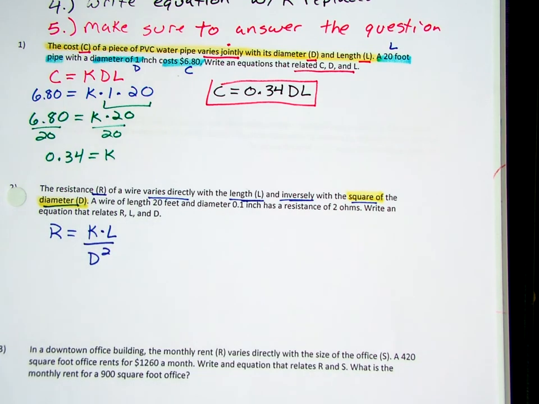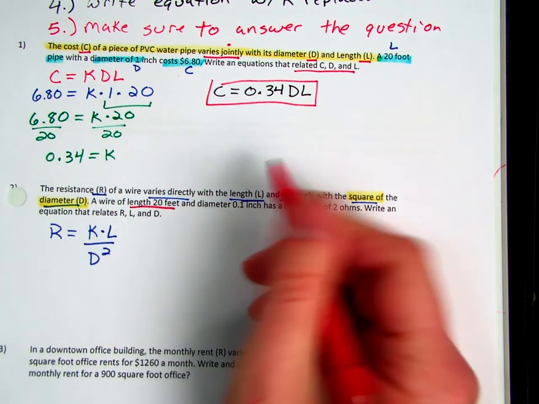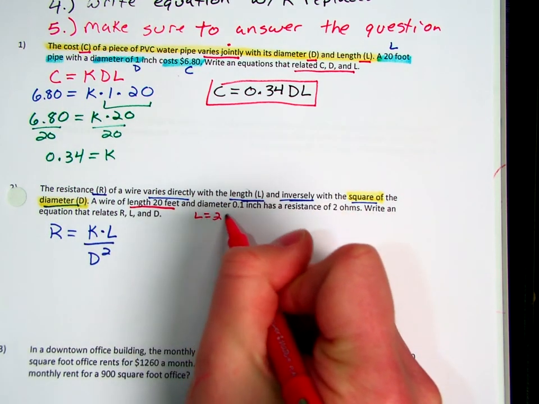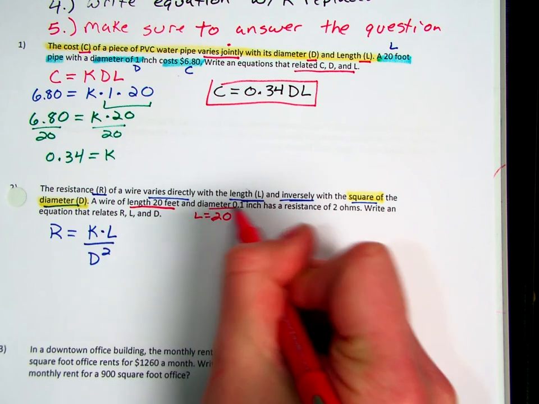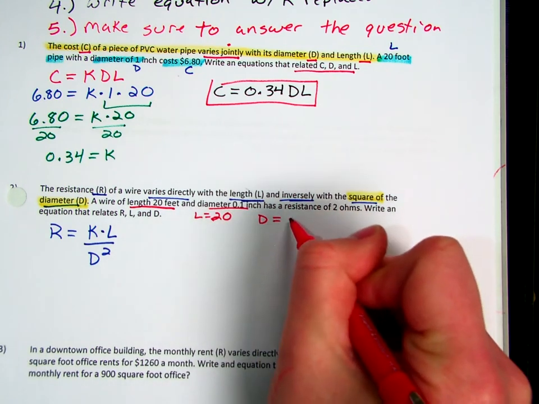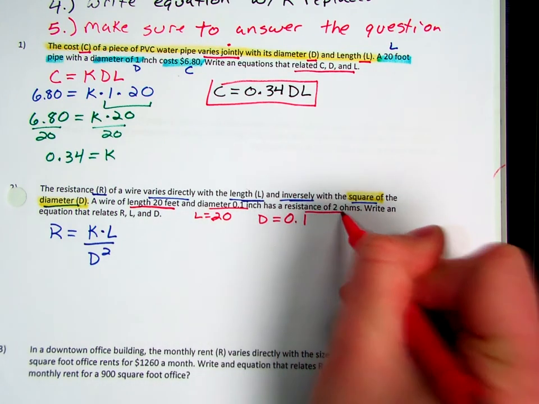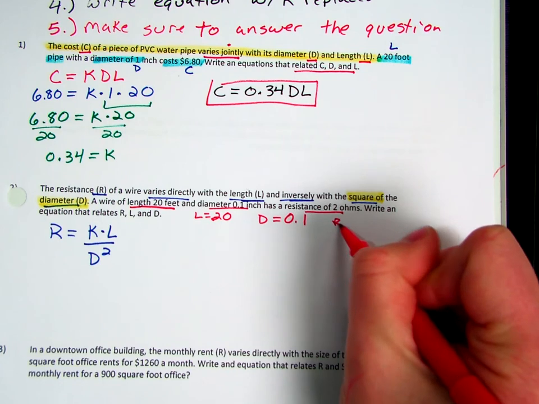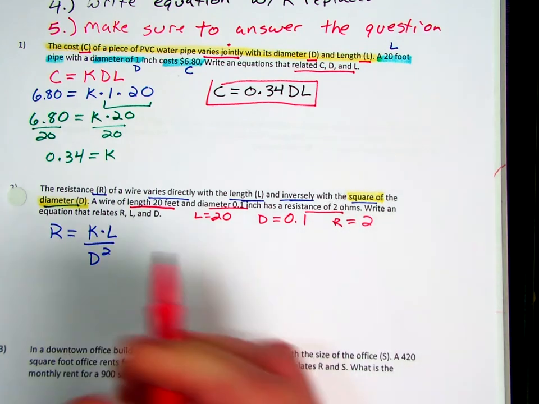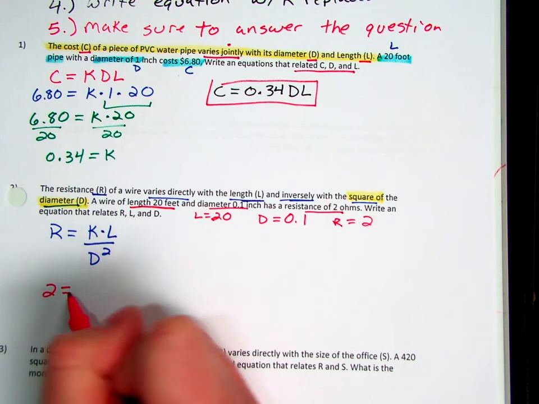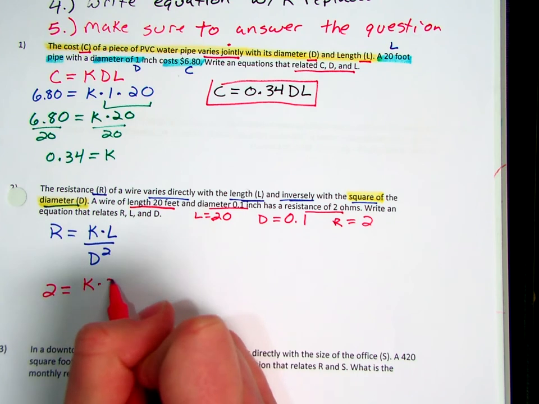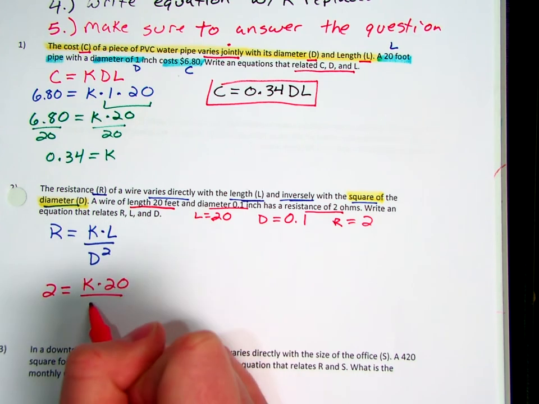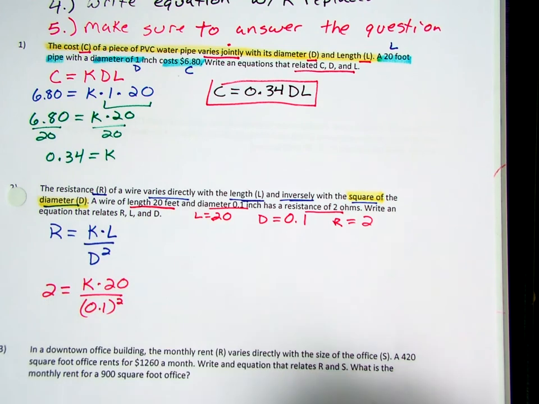Then as I read on, it tells me that the length of the wire is 20 feet, so L equals 20. The diameter is 0.1. And the resistance in ohms is 2, so that tells me my R equals 2. So I can go ahead and substitute this in. 2 equals K times L, which was 20, divided by the diameter, which was 0.1 squared.